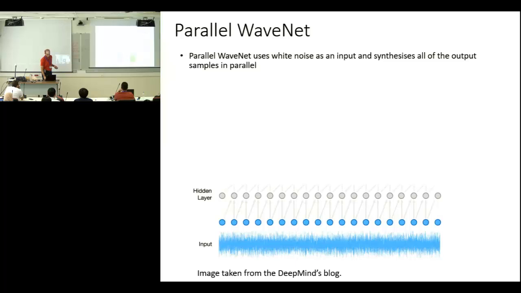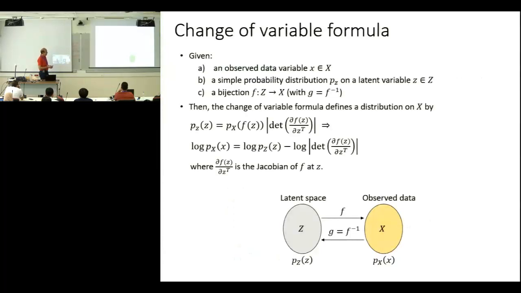But how does this work? This is based on a very basic theorem of probability. Even in undergraduate books they have this theorem in the first or second year. For example, let's assume that we have an observed variable which belongs to space X. In our case, space X is the speech, the space of the speech signals.